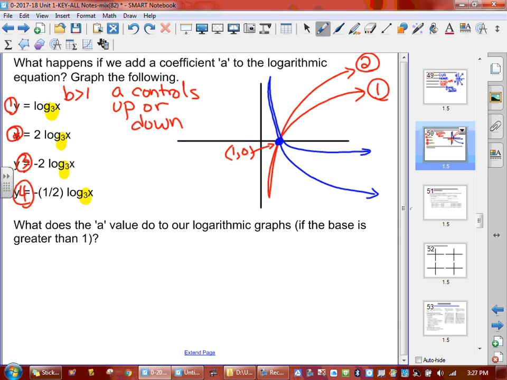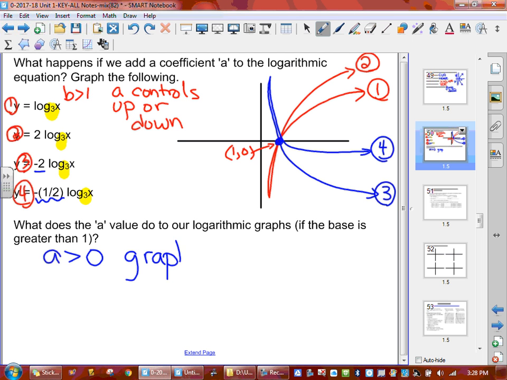So if the a value is greater than 0, the graph goes up. If a is less than 0, the graph goes down.